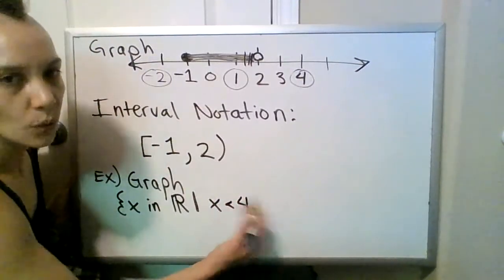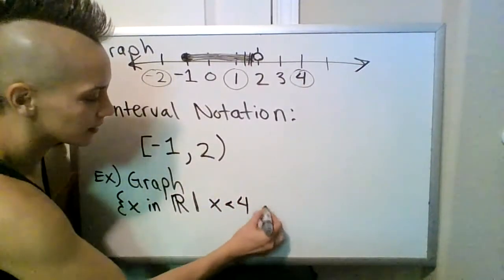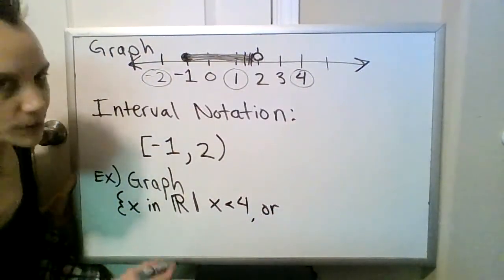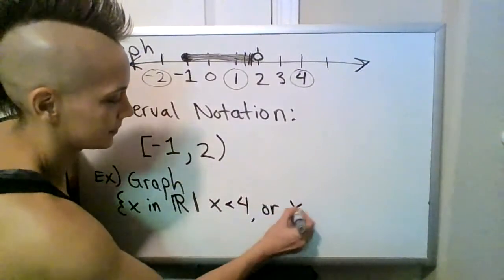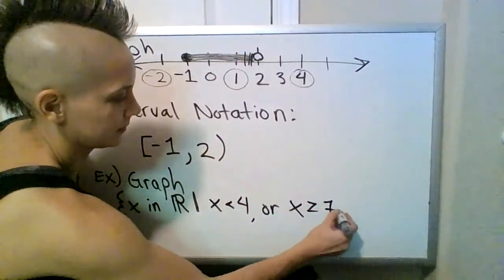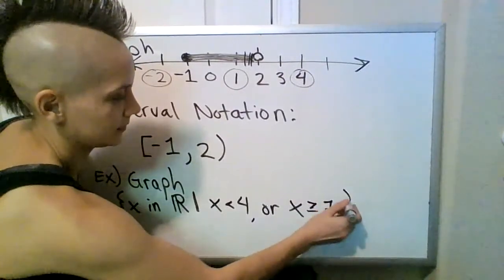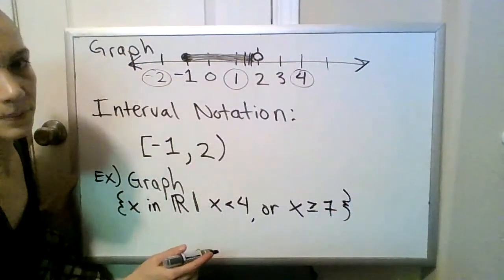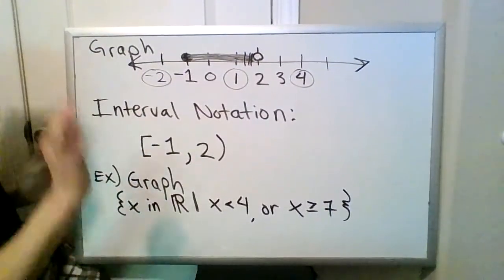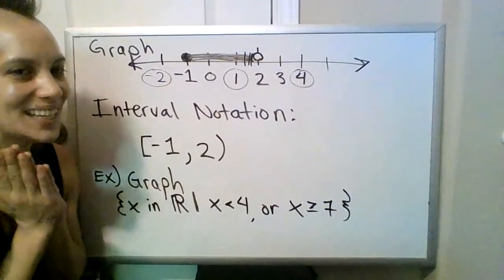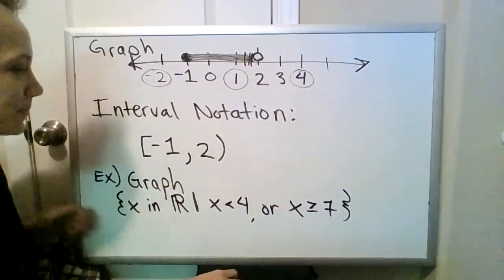Then there's a comma, or X is greater than or equal to 7. And then close the set. Okay, and write the set in interval notation.